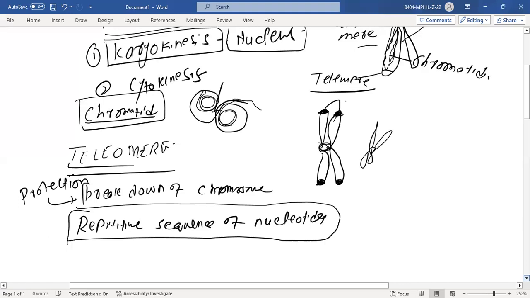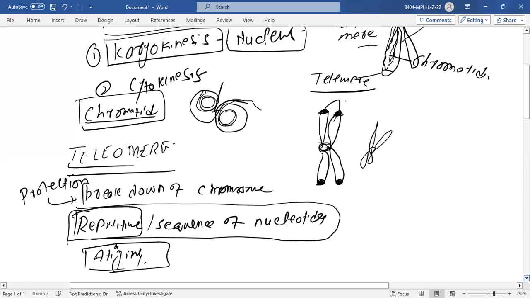chromosomes, you can say they are involved in anti-aging. They help these chromosomes not to degrade or become aged. It is very simple, because of this sequence, because of this repetition.